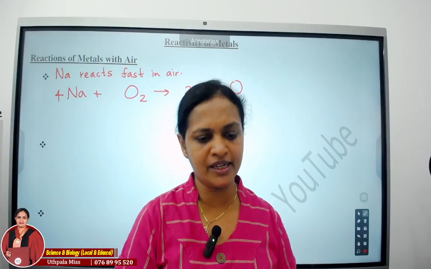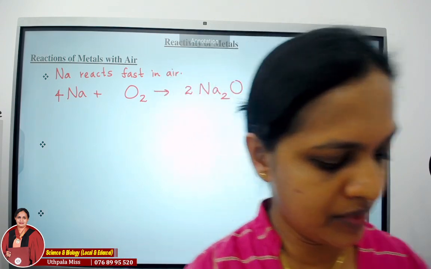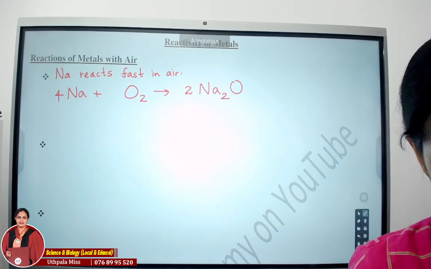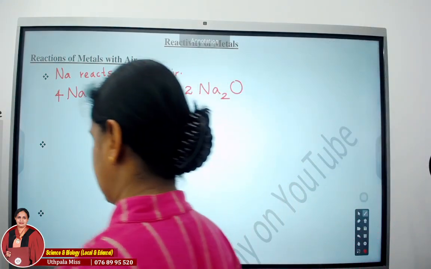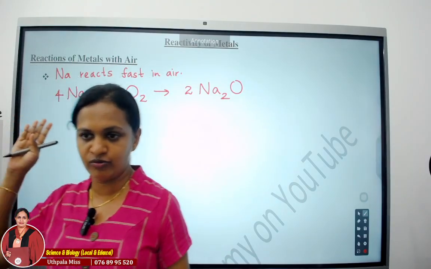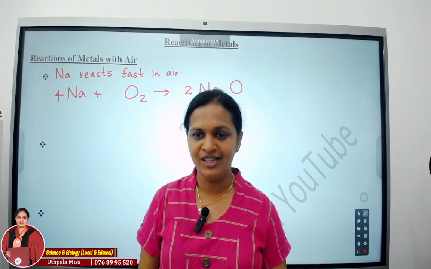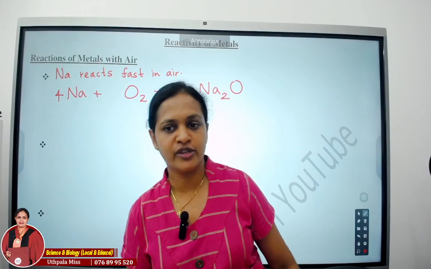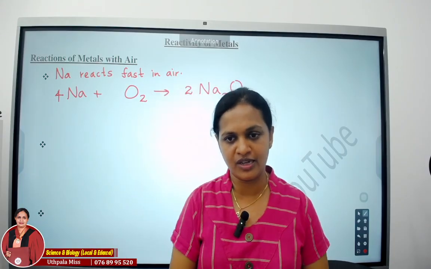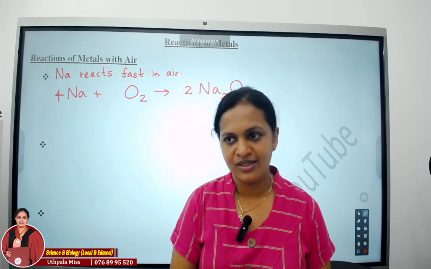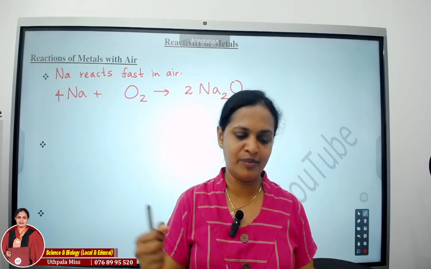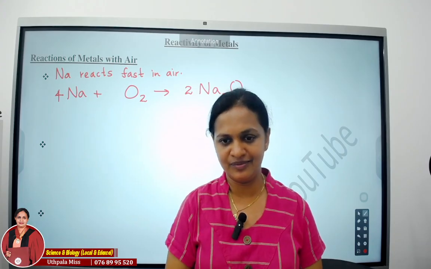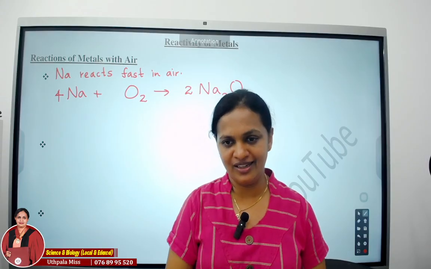Now magnesium. When magnesium is exposed to air, after a certain period of time, it does not react fast like sodium in air. But when magnesium is kept for some time, it forms an oxide layer. So when we are taking magnesium for a particular reaction, we have to scratch off that oxide layer.